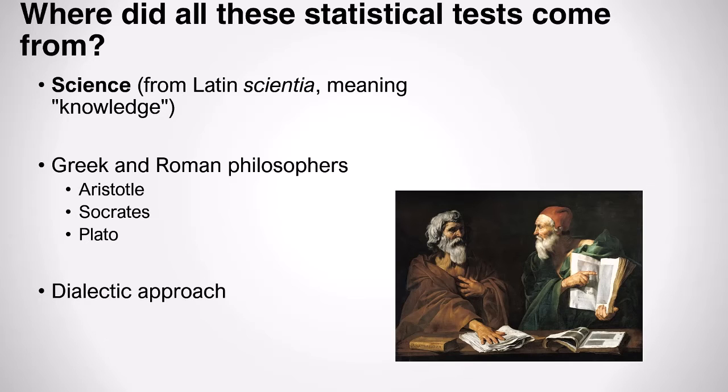It was a bit more than having a chat, of course, whereby two philosophers would discuss a certain hypothesis, a certain theory, and try and disprove it. And if they were unable to disprove it, then it must be true, must be considered truth.